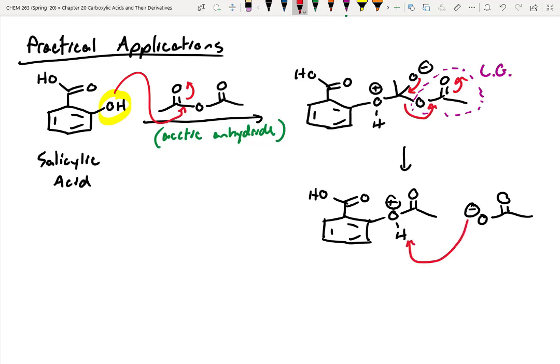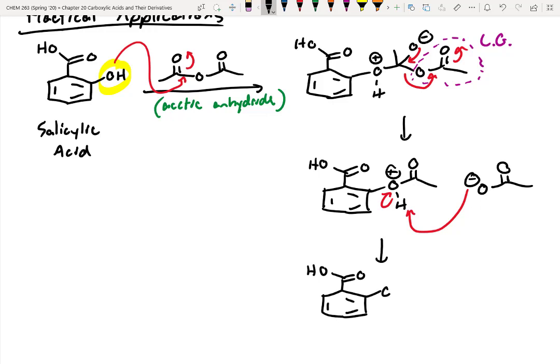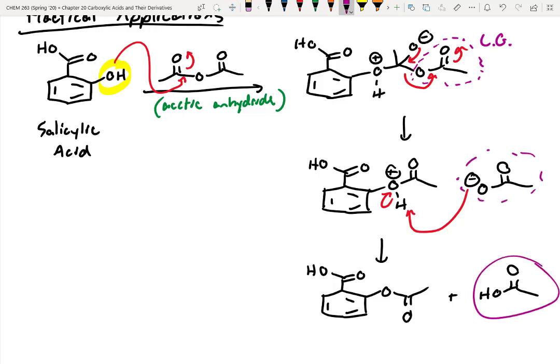So this will come, grab that proton, and as you can see, we'll be able to form a new ester. In this case, this leaving group essentially acts as our base, and we'll get a carboxylic acid byproduct. Well, what we've made down here is aspirin.